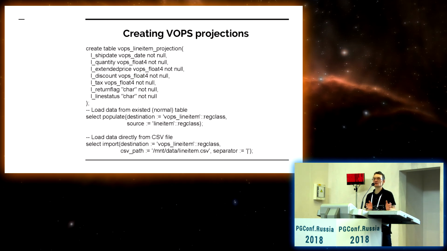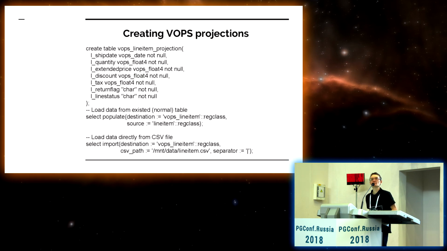It takes all the fields that are needed, and what else there is in the table is not its business. And if some needed field is not in place, then it will say, well, stop. And there can be different types. For example, you can convert float4 into float8 and vice versa. So the answer is nothing will happen, because VOPS knows nothing about the original table unless you would like to get some more data imported from it.